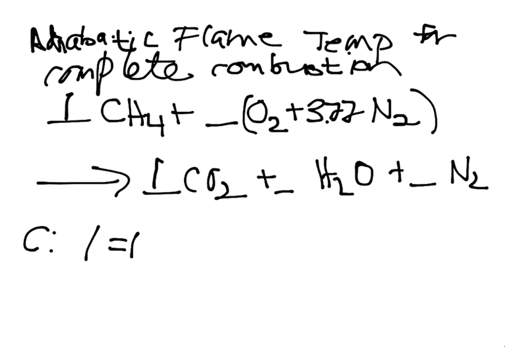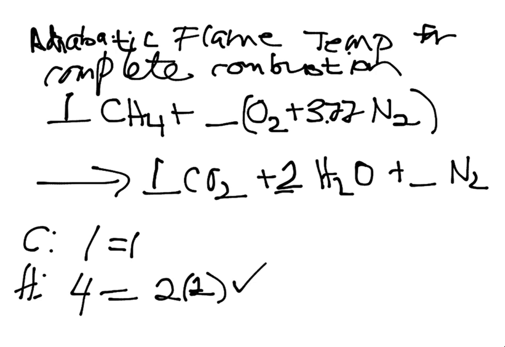So next, we are going to balance our hydrogen. On the reactant side, we have 4 hydrogens, and on our product side, we have 2. So in order to balance this, we would need to put a 2 in front to then get 4 hydrogens.